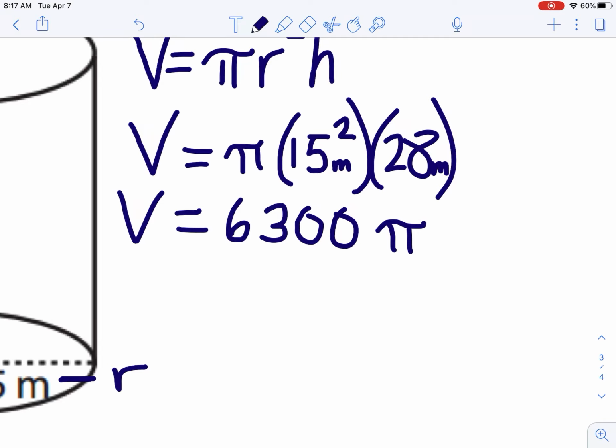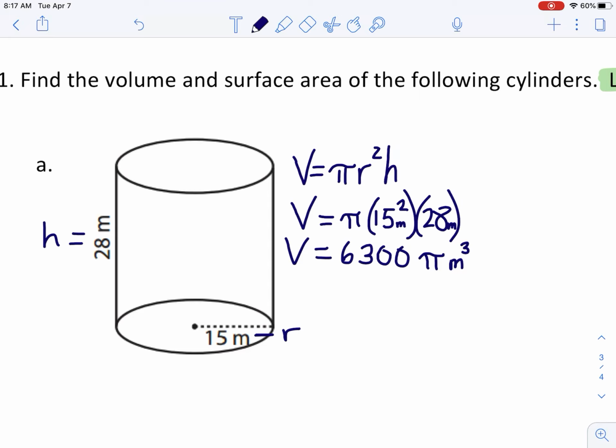Meters. There's 3 dimensions, right? Length, width, and height. So this is the answer you want to leave. This is in terms of pi.